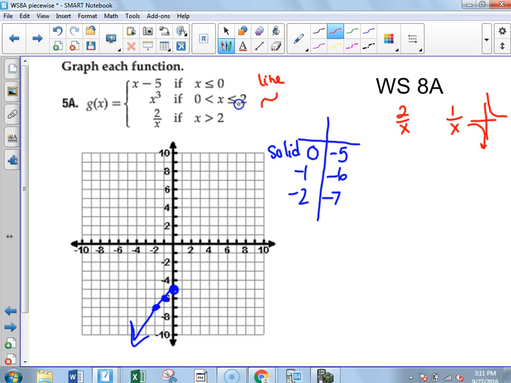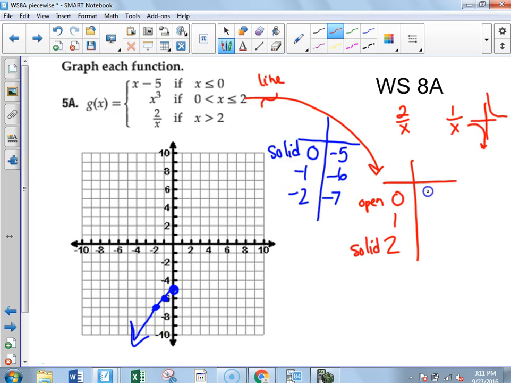Okay. This cubic piece, it says to go from 0 to 2. I'm going to write down 0, 1, 2, but do I include the 0? So this is going to be an open circle. And the 2, what about the 2 at the other end? It will be a solid circle.